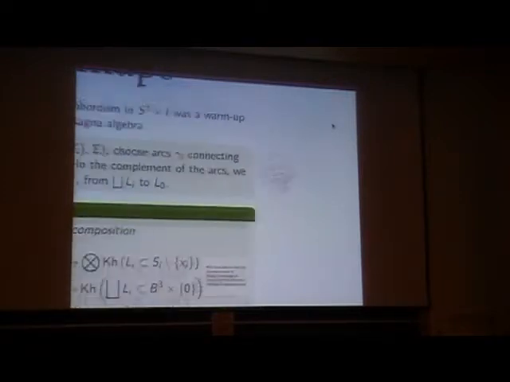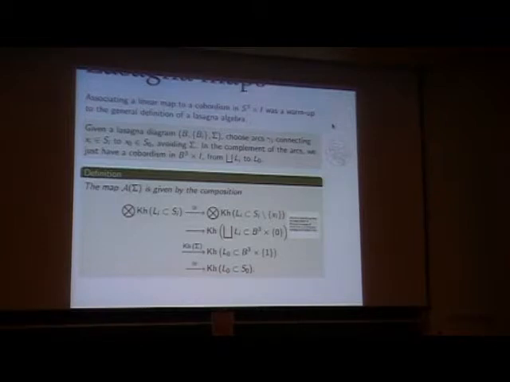Okay. So what is the map associated with this lasagna diagram? It's essentially just the same as before. We start with a tensor product of the Khovanov homologies of all of the inner links. We delete the point in each of those inner spheres where the arc gamma arrives. That gives us the first map. So now we've got a tensor product of links in things that look like V3.